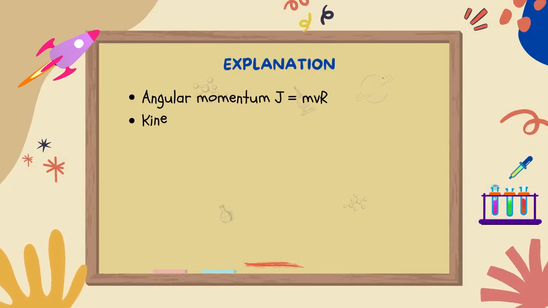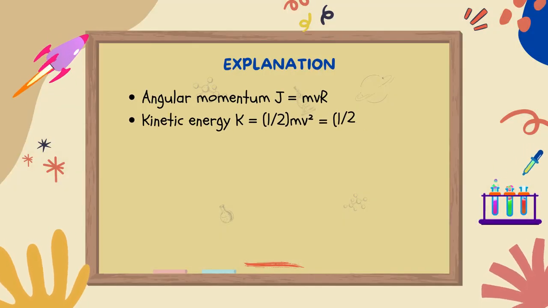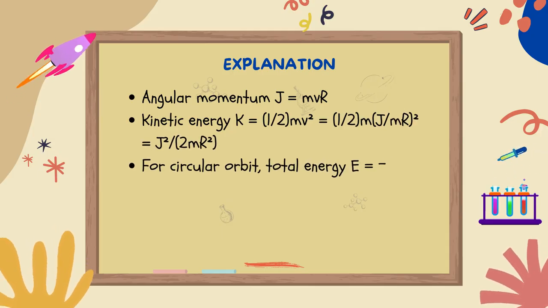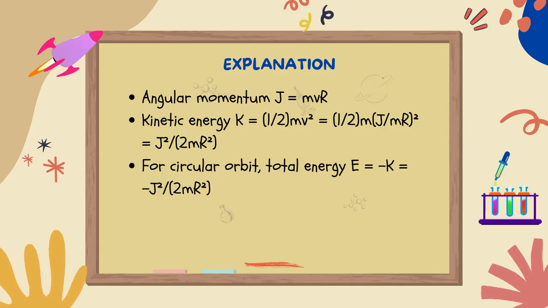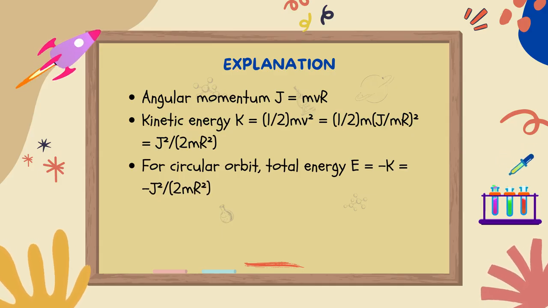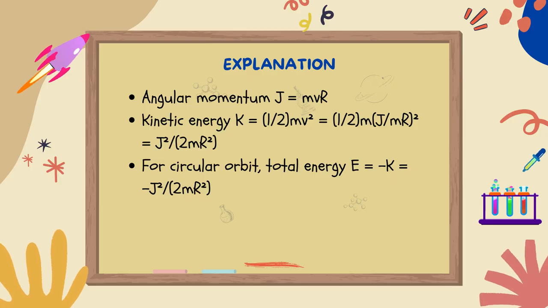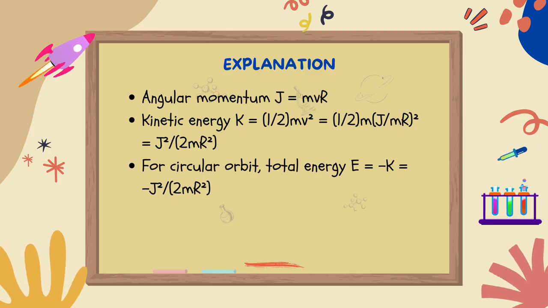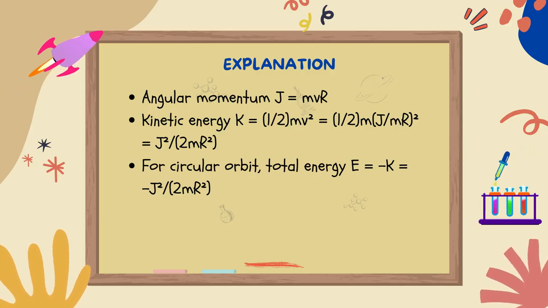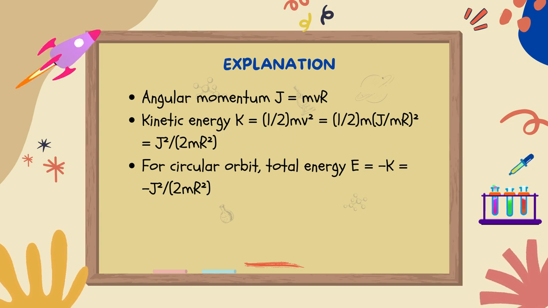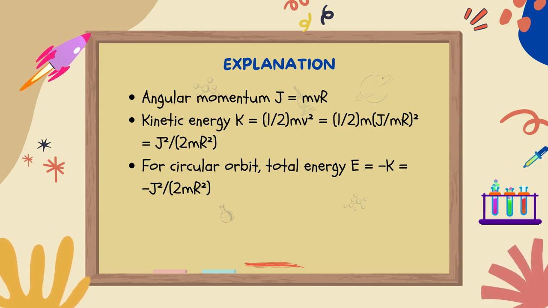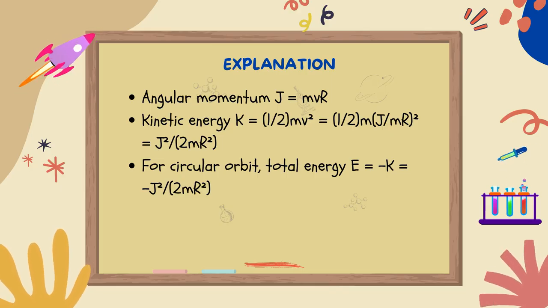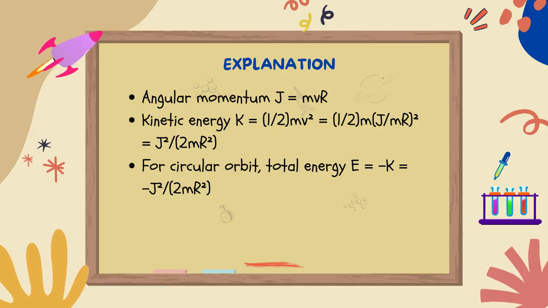Explanation: B. Angular momentum J equals m times v times R. Kinetic energy K equals (1 divided by 2) times m times v squared equals (1 divided by 2) times m times (J divided by m times R) squared equals J squared divided by (2 times m times R squared).